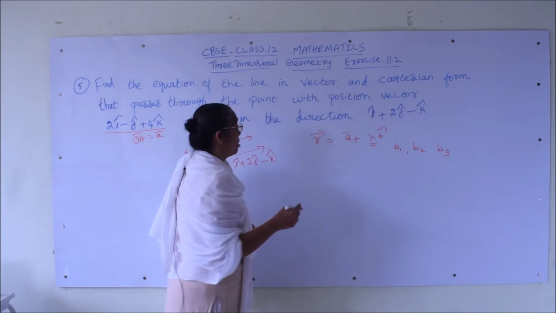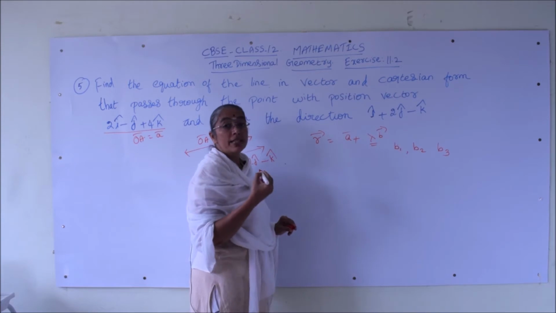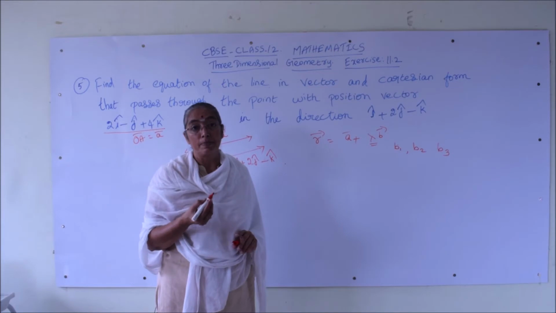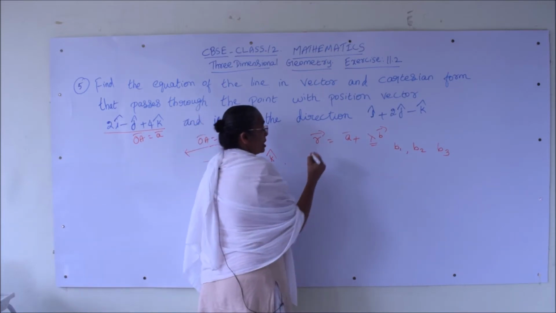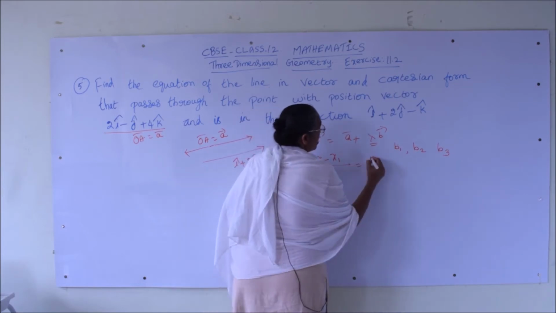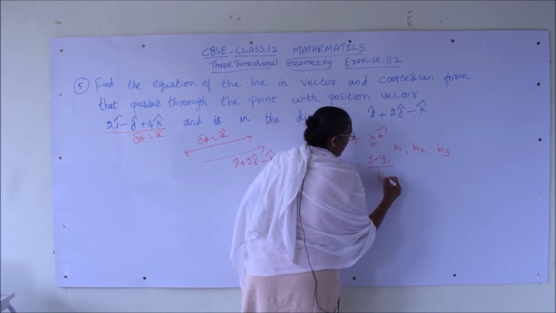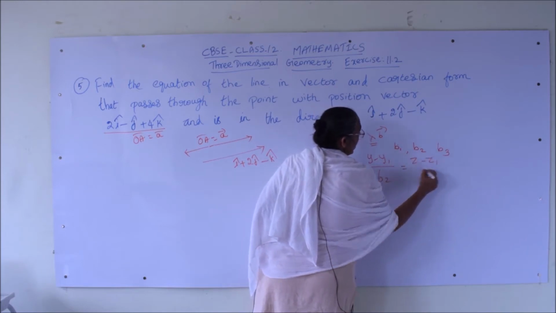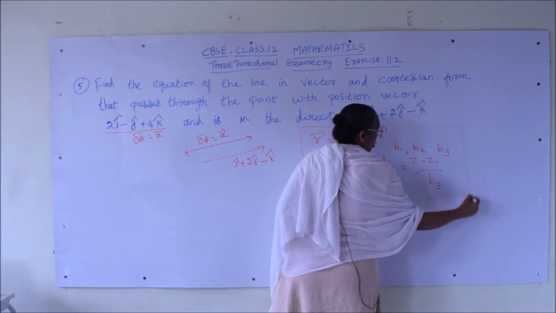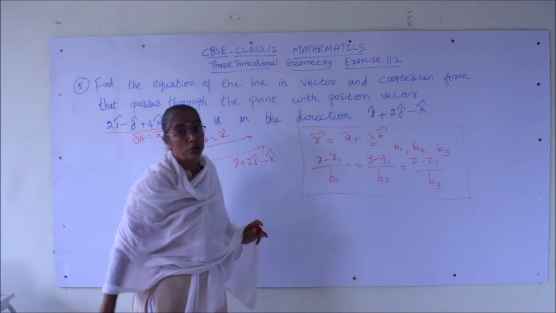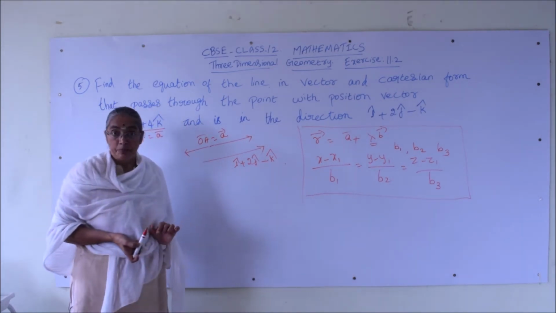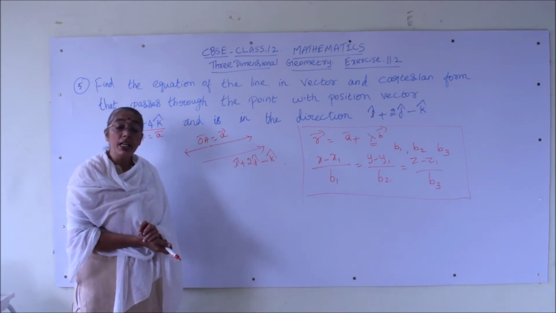So, the Cartesian form of the equation of the straight line passing through the point x1, y1, z1 and parallel to the vector b1 i cap plus b2 j cap plus b3 k cap is given by x minus x1 divided by b1 equals y minus y1 divided by b2 equals z minus z1 divided by b3. So, these are the vector and Cartesian forms of the equation of a straight line passing through the point whose position vector is given and parallel to the given vector.